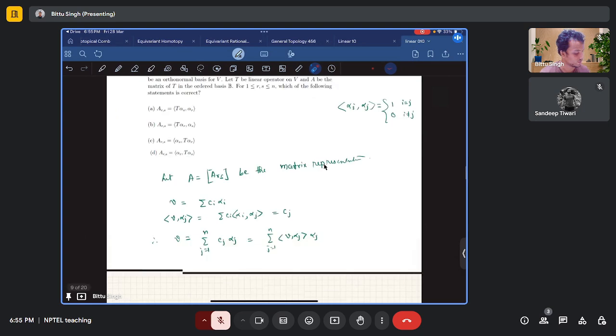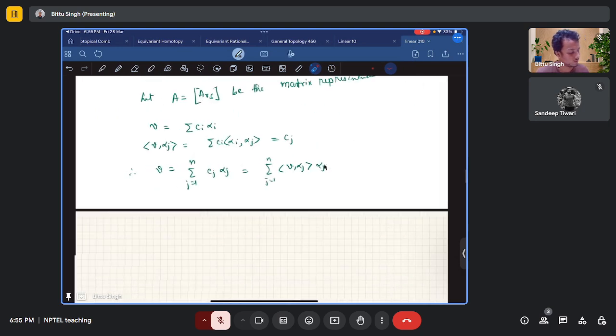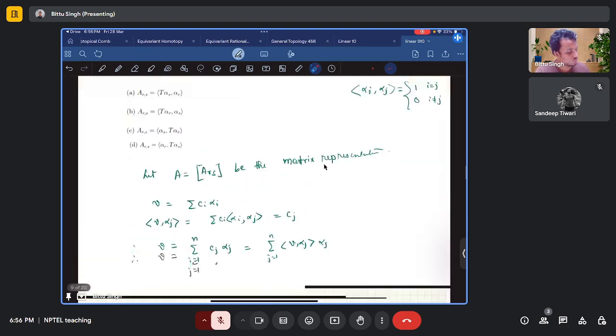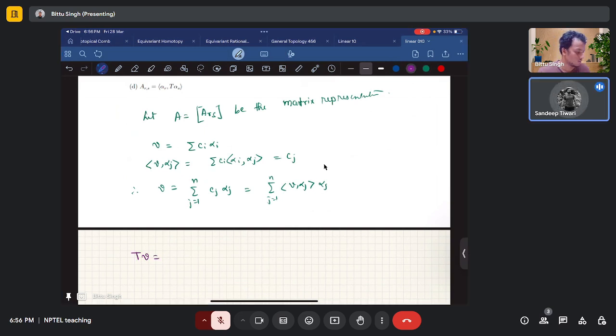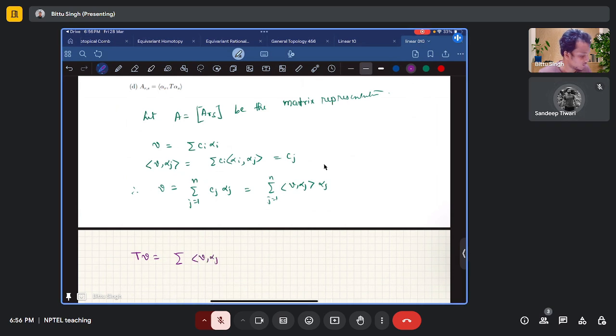Now let us apply T on V. Sir, by linearity, it will only act on alpha j. So it is the same as phi alpha j, j equal to 1 to n, and T will only act on this alpha j. So this is how T phi will look like.